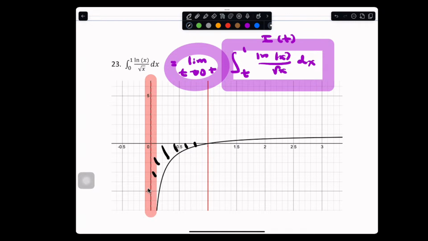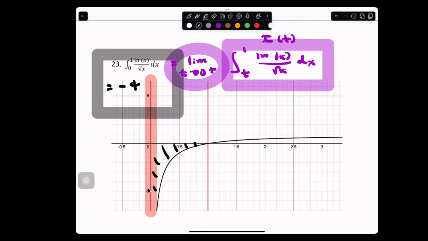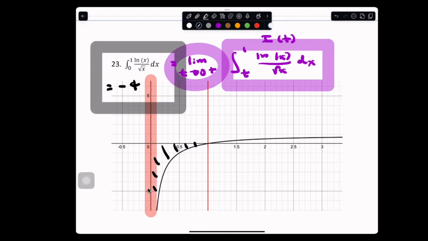The area under the curve in this region equals negative 4. And negative 4 is a nice finite value, which means our improper integral converges. That number is finite.